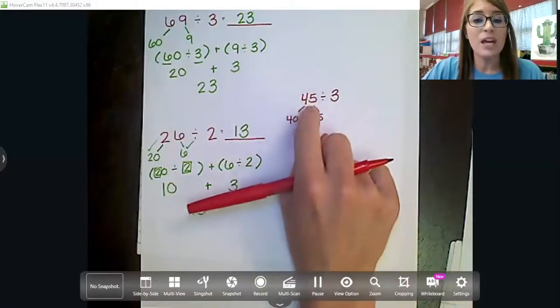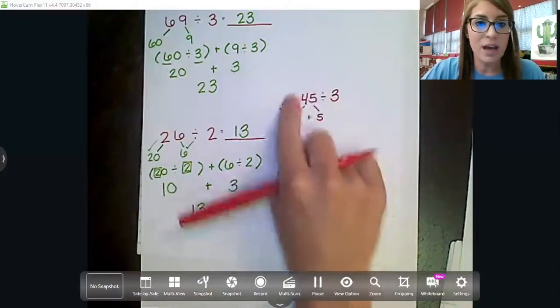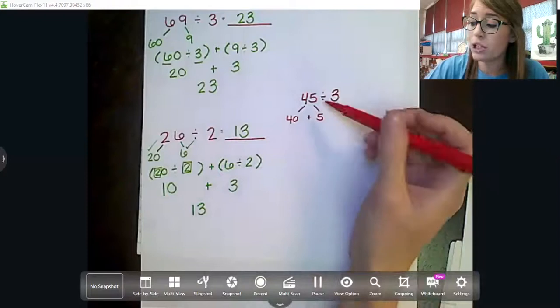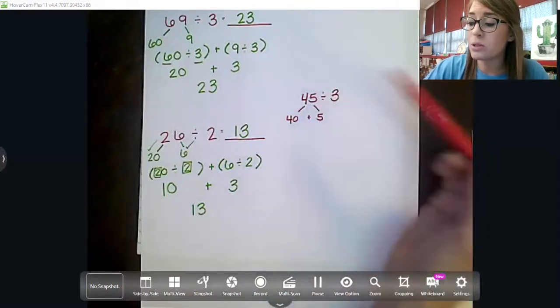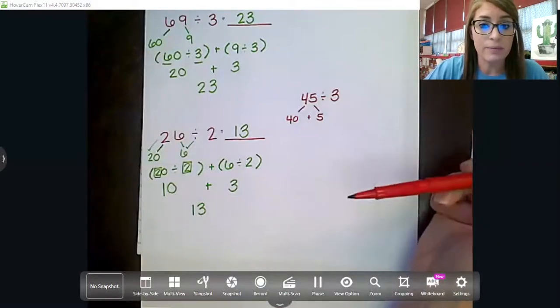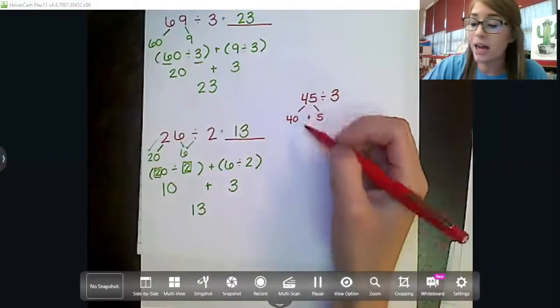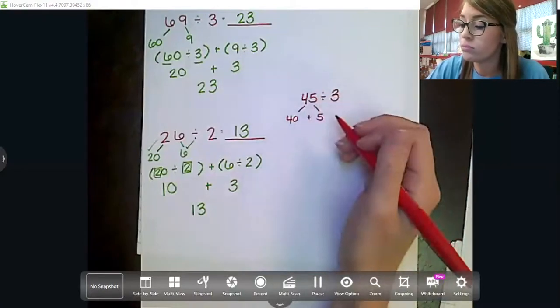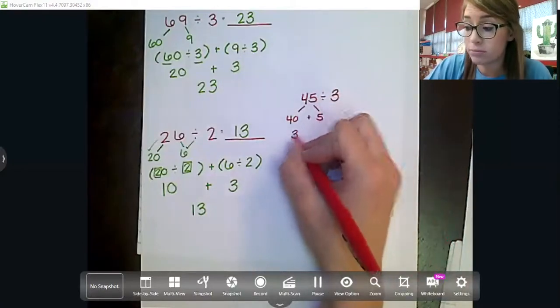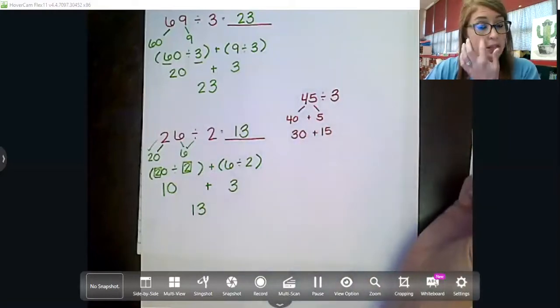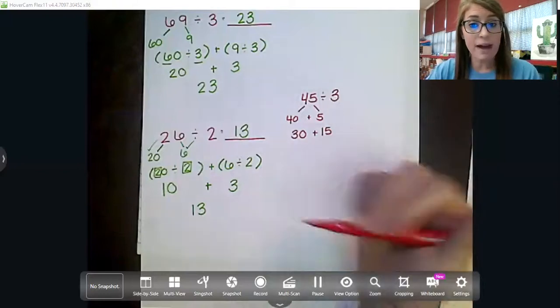So I'm going to have to think of another way to break this up to then divide it out. So what I could do is I could think what plus what gets 45 that is also divisible by 3. Okay? And in this case, we could say 30 plus 15. Does 30 plus 15 equal 45?